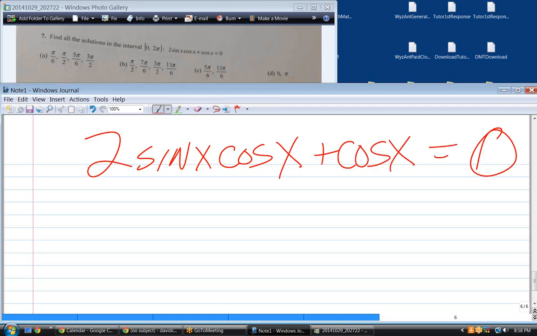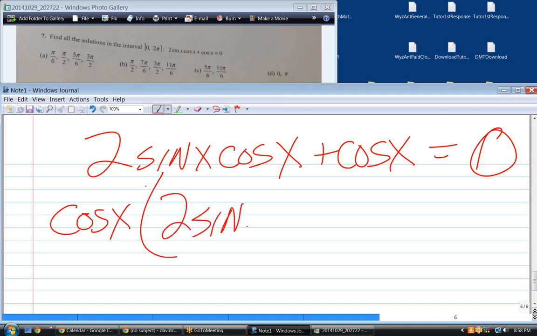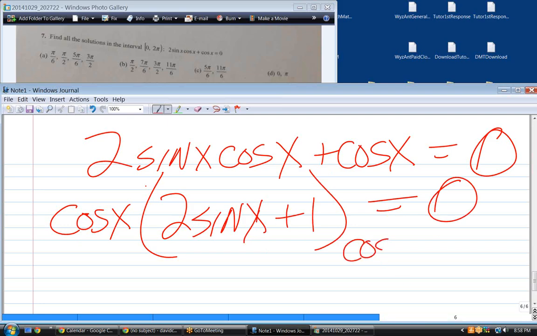If you can't turn them all into the same trig function, then factoring is almost always the case. Because I can factor out a cosine x, and now I can use the zero product rule to solve it. In other words, I got one thing times another thing equals 0. Now I can say cosine of x equals 0.